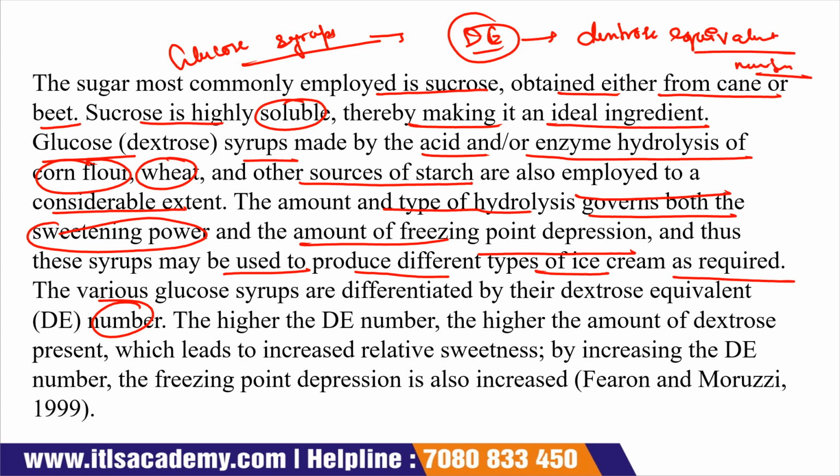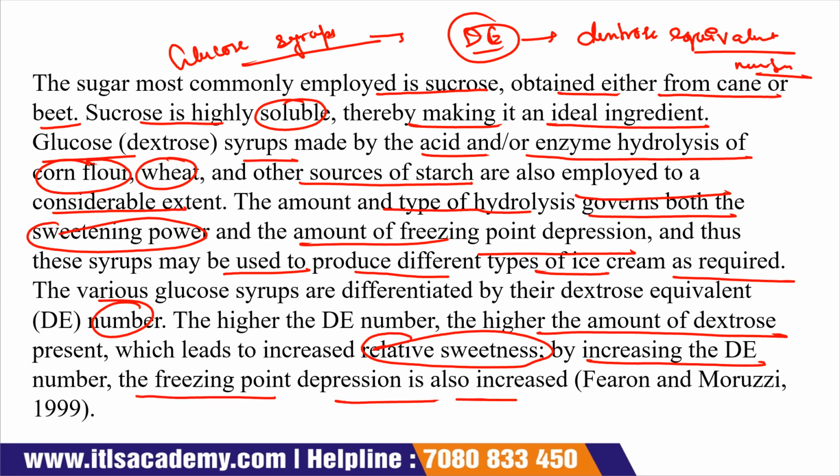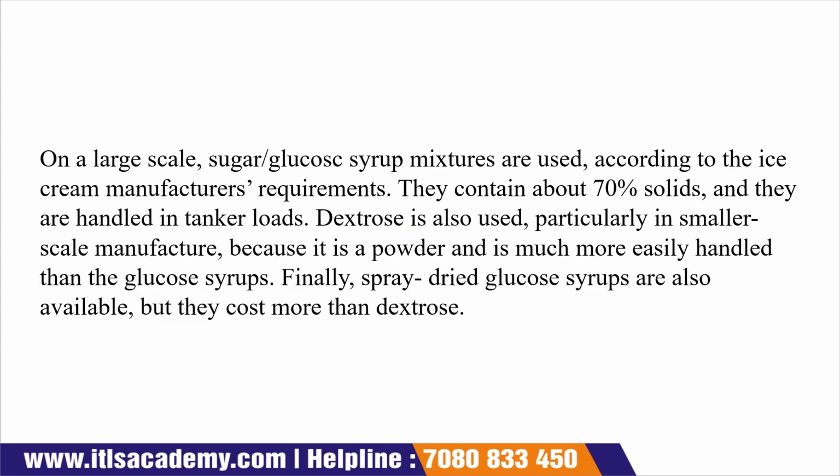If the dextrose equivalent number is higher, then it means that the dextrose level is higher and it will lead to a relative sweetening. By increasing the DE number, the freezing point depression also increases. If we increase this dextrose equivalent number, then automatically the freezing point depression will also increase.